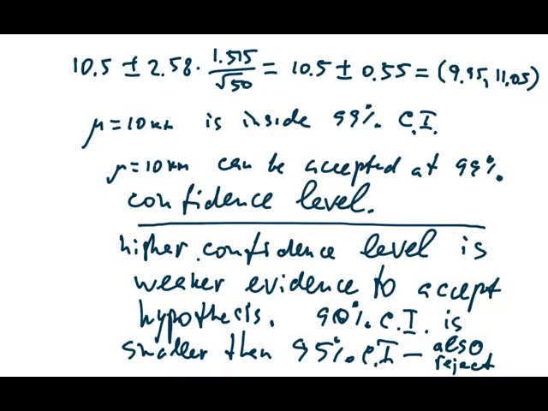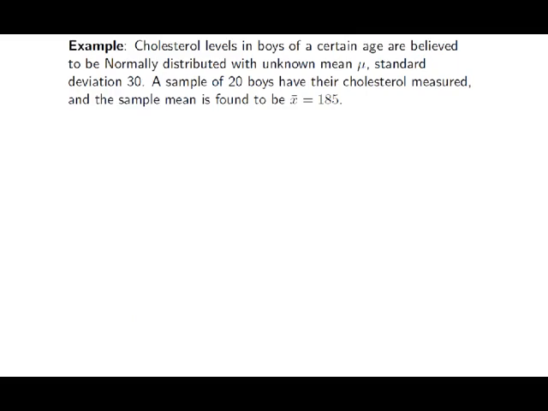There is a slightly different way to evaluate a hypothesis, which includes measurement of so-called p-values. To illustrate this method, I will use an example which we have already seen. So again, cholesterol levels in boys of a certain age are believed to be normally distributed with unknown mean mu and standard deviation 30. A sample of 20 boys have their cholesterol measured, and the sample mean is found to be 185.